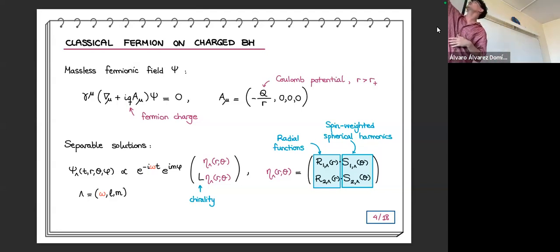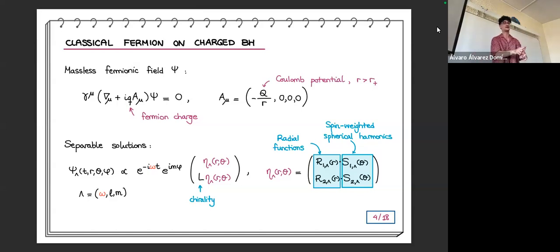Each 2-spinor is written here, and it's a product of two different things. One goes with the theta angle of spherical coordinates, and its dynamics is quite simple because it's just a generalization of the usual spherical harmonics, but for fermions, which are called spin-weighted spherical harmonics. It's nothing interesting, just due to the spherical symmetry.